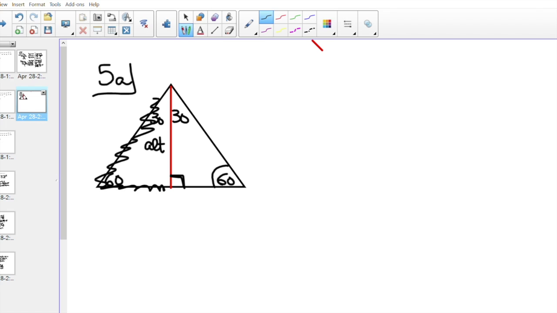But in our 30, 60, 90 triangle, that's the side opposite the 60-degree angle. So we need to call that also the longer leg. So he takes on two names. One name is the altitude, that's in the equilateral triangle. But in the 30, 60, 90, he is going to be the longer leg.